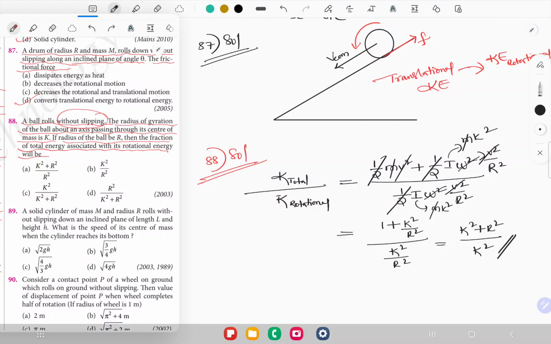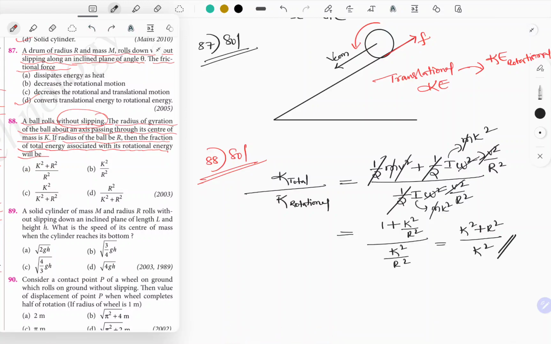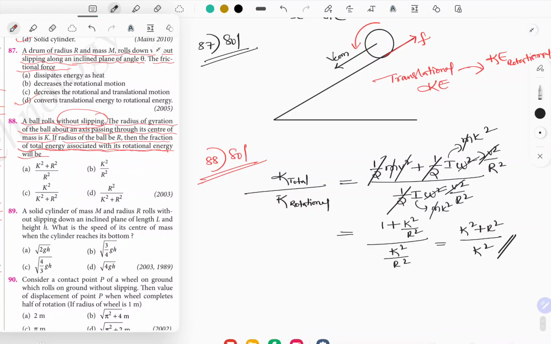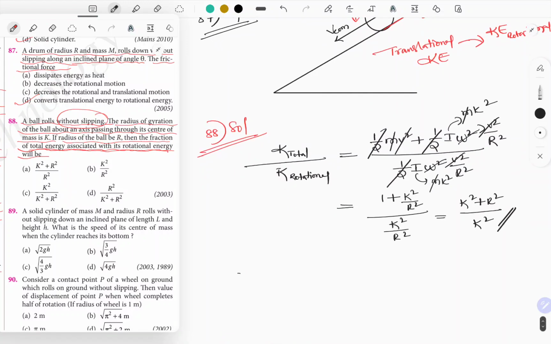So what is the question they have given? The fraction of total energy associated with the rotational energy. That means they are asking the reverse. So rotational energy divided by total energy, the fraction of total energy. So this is going to be k square by k square plus r square.